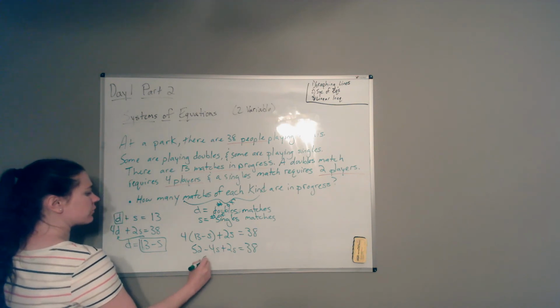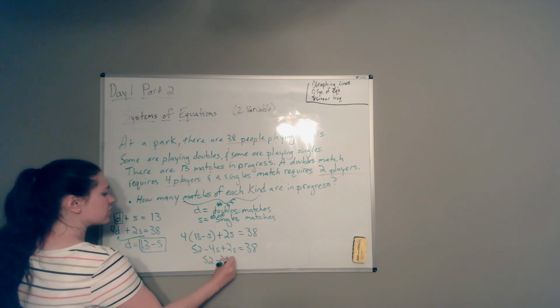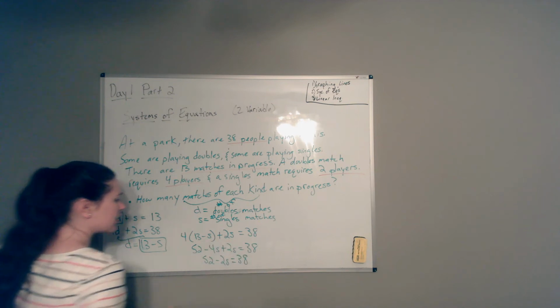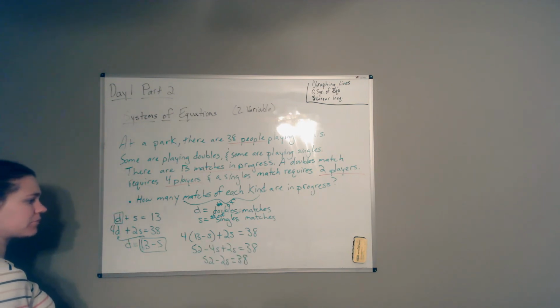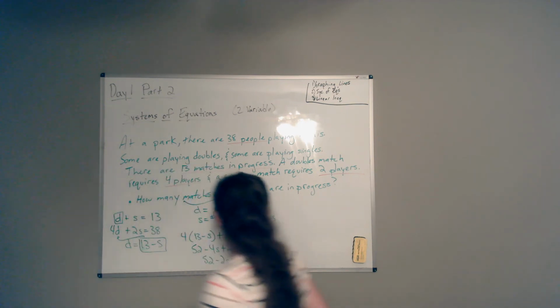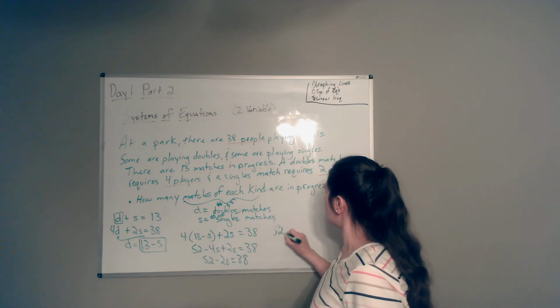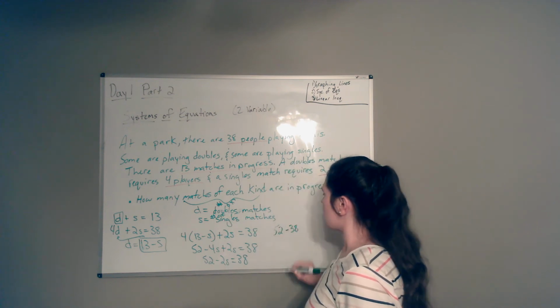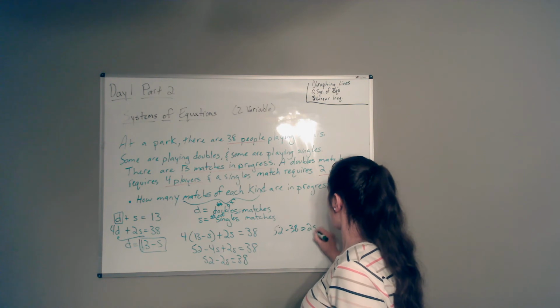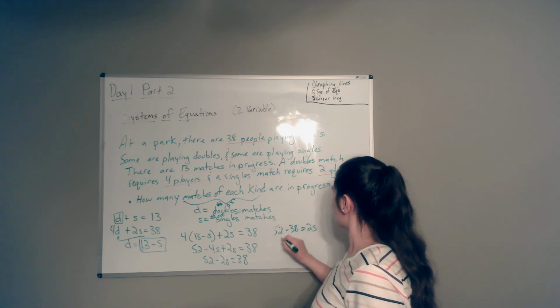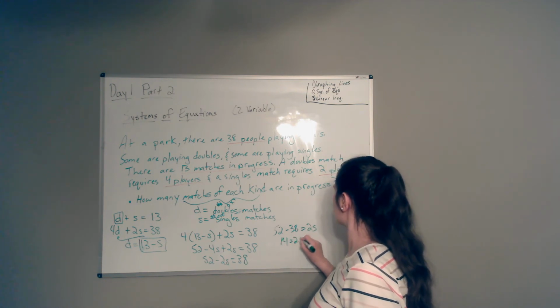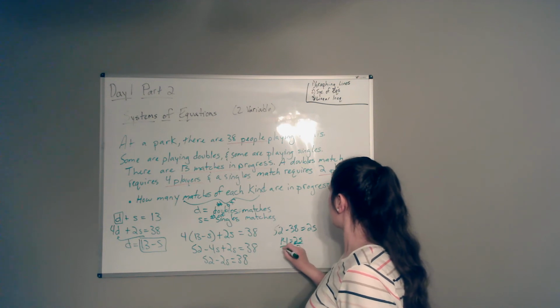Combine like terms, that's 52 minus 2S equals 38. Okay? That is 52 minus 38 equals 2S. That is going to be 14 equals 2S. Divide by 2.